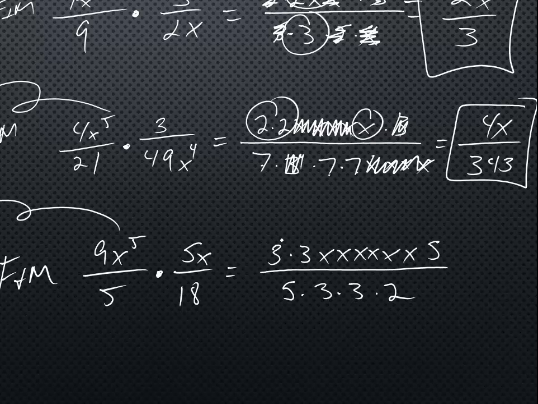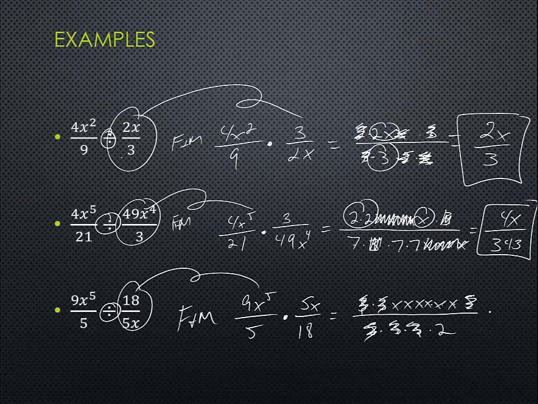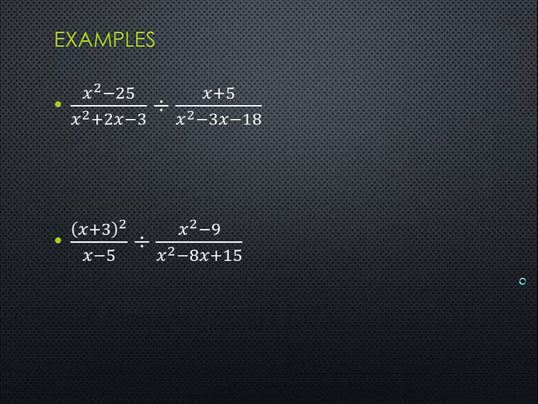What cancels? 3 cancels, 3 cancels, 5 cancels, and you're left with 1, 2, 3, 4, 5, 6 x's. So x to the 6 divided by 2. That's it.